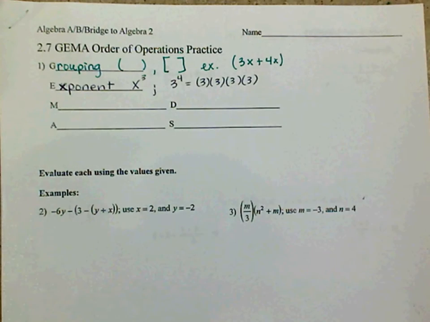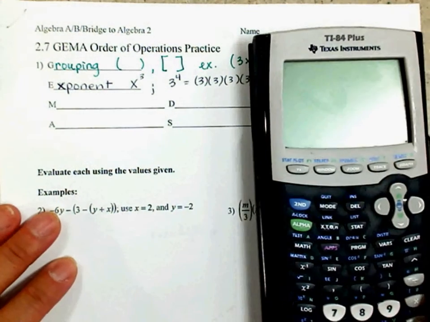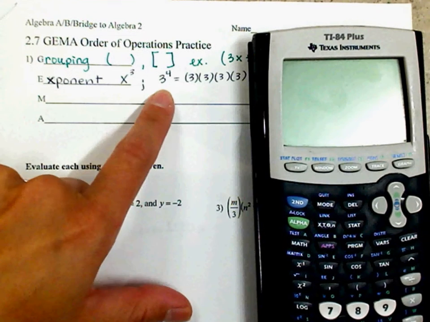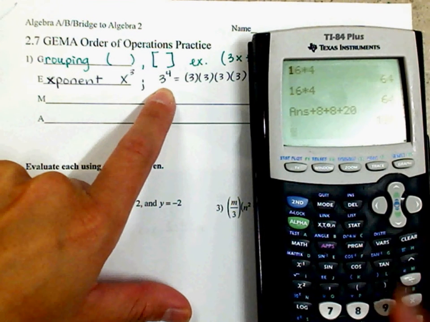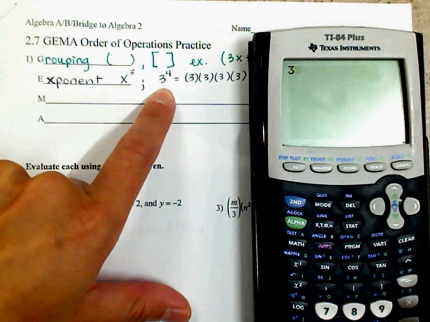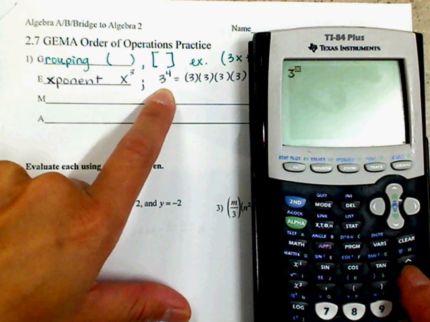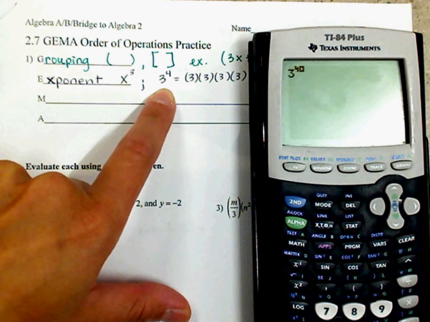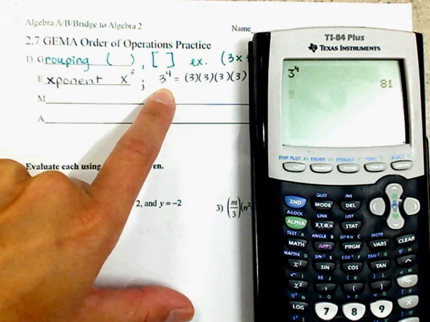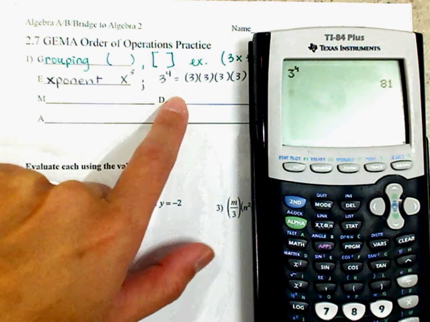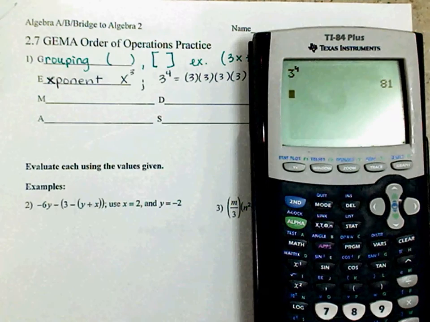That's what that means. And to type it on a calculator, you would type 3, and you would use this button right here. See that? To the 4th, and you're going to get 81. Not 3 times 4, but 3 times 3 times 3 times 3. Okay?